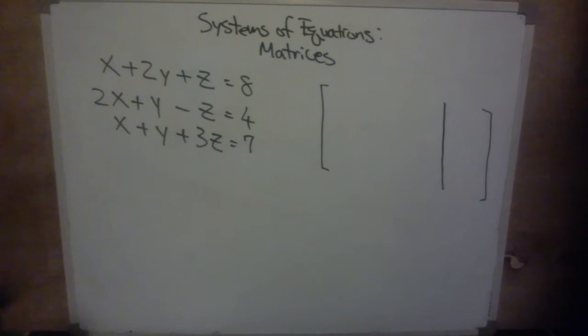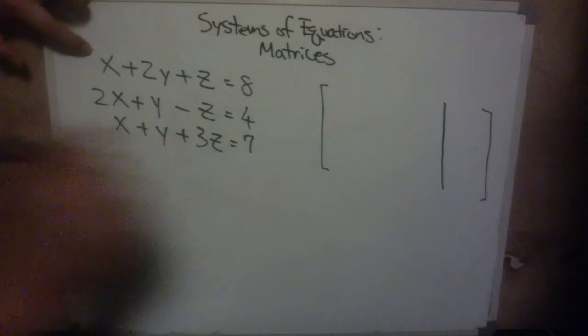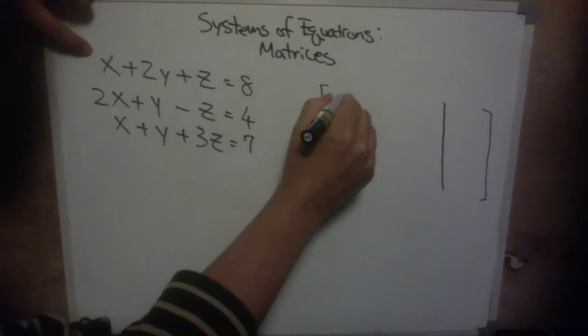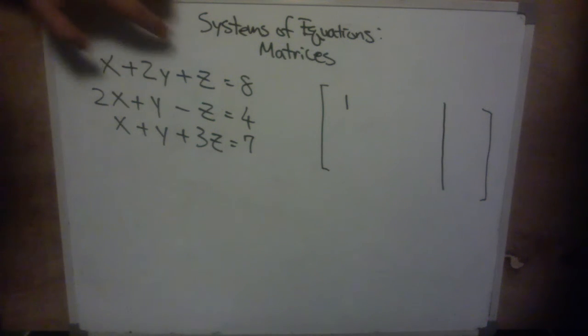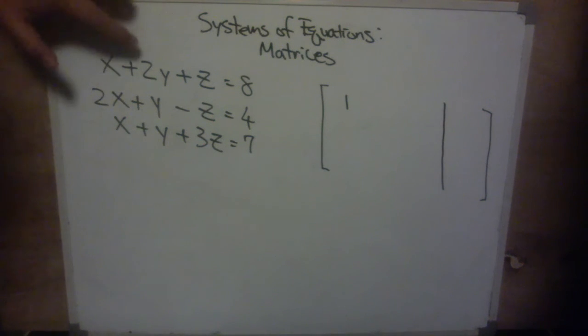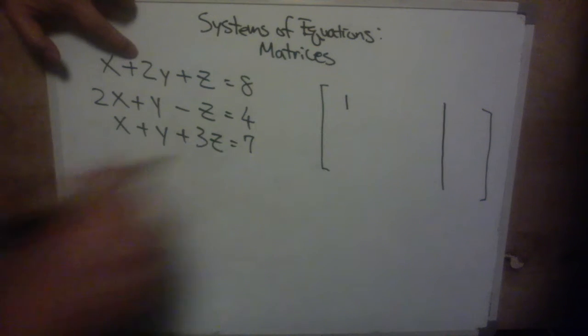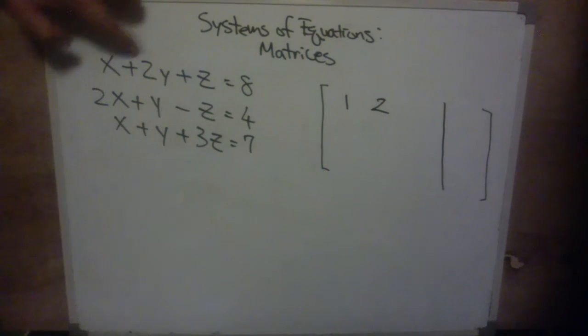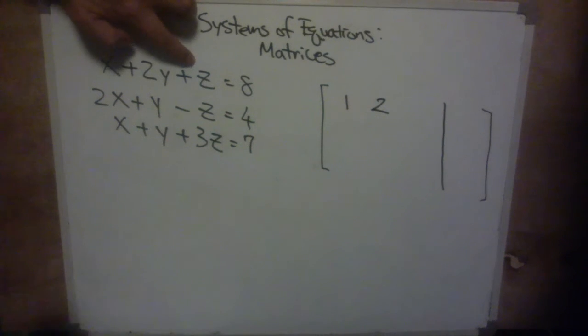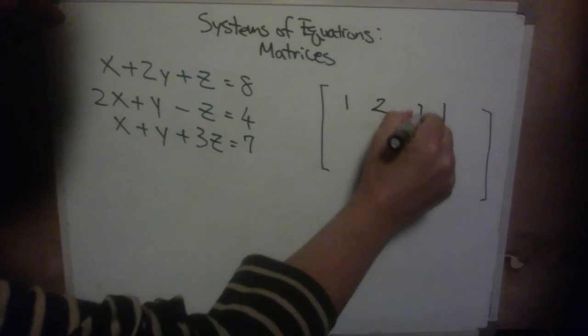I am going to look at all the coefficients of the variables in each equation. Right here I have x, so that's just 1 times x, so I'm going to write 1 here and go sideways, looking at the first equation. The coefficient for y is 2, so I'll write 2 here. The coefficient in front of z is 1, so I'll write 1 here.